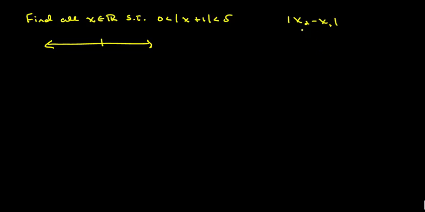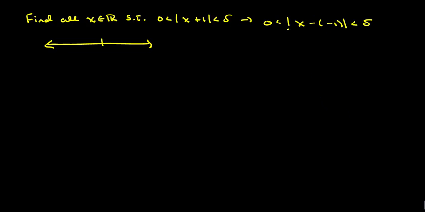So the distance between two real numbers is given by the subtraction in the middle and the absolute value around it. We would like this to look like this, so let's go ahead and convert it. That's fairly easily done. Okay, so we've got that.